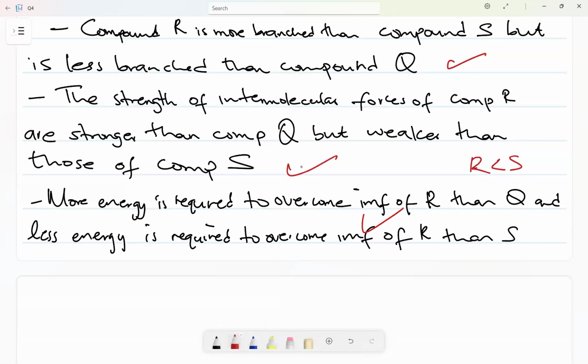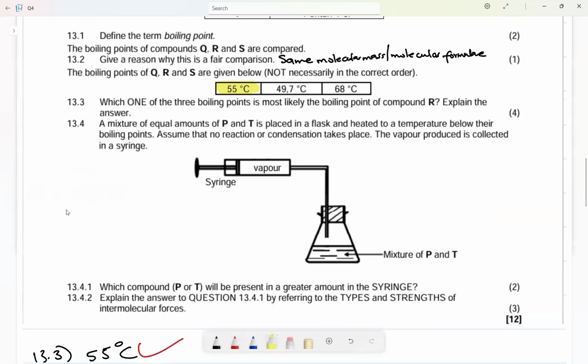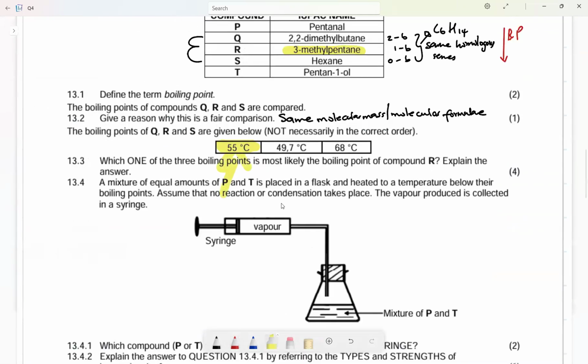S and Q. Hence R has the middle one, which is 55. If 49.7 was your answer, you're going to get everything incorrect. We apply negative marking.